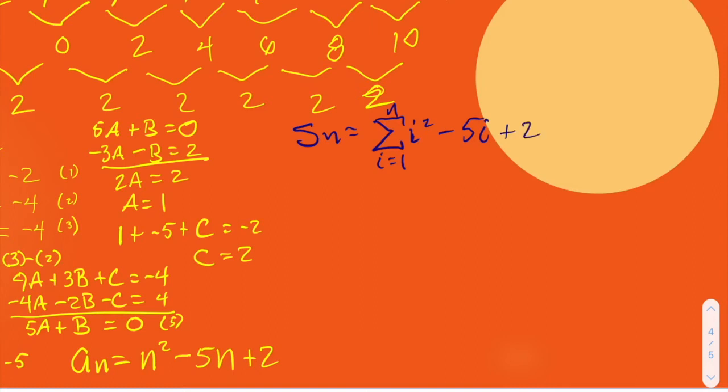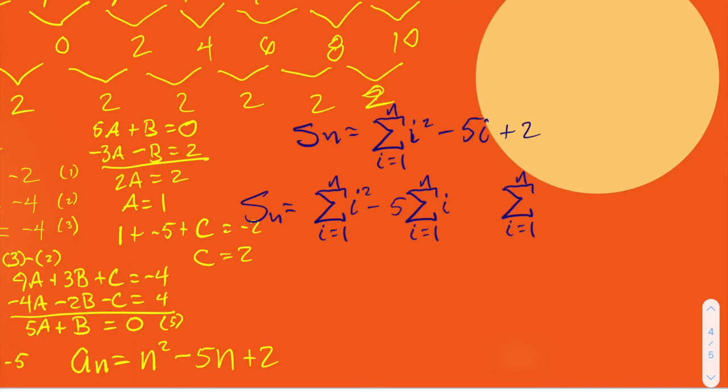And if we use our properties again, we get this. So S sub n is now equal to sum of i squared minus 5 times sum of i plus 2 times sum of 1. So that just turns this now into n times n plus 1 times 2n plus 1 over 6.